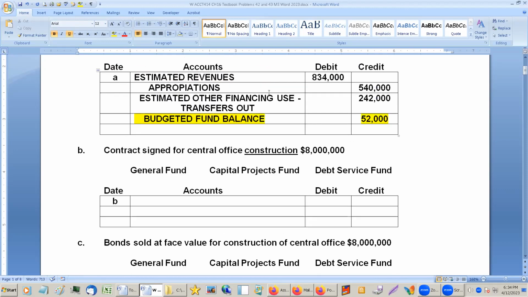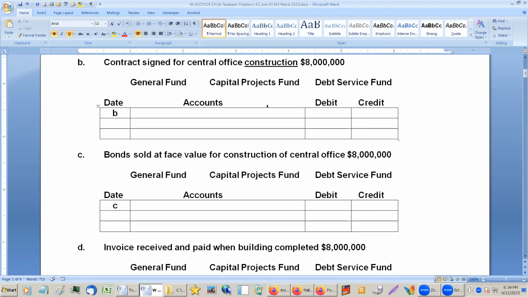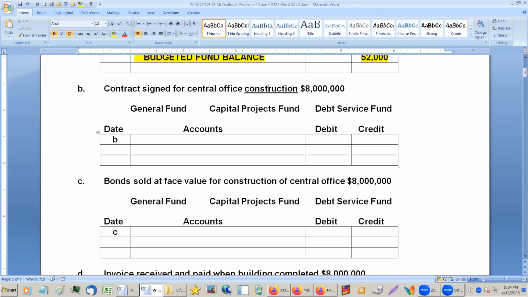Oh, you guys know this one. Capital projects? Yep, the capital projects fund.